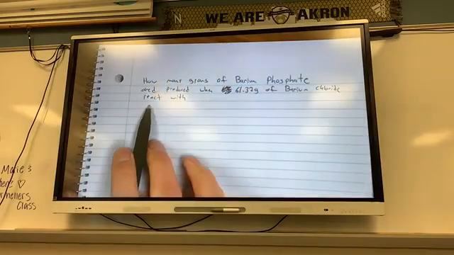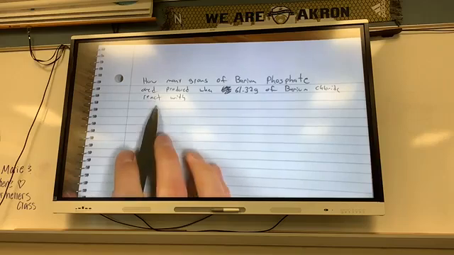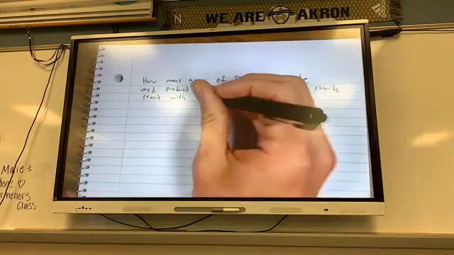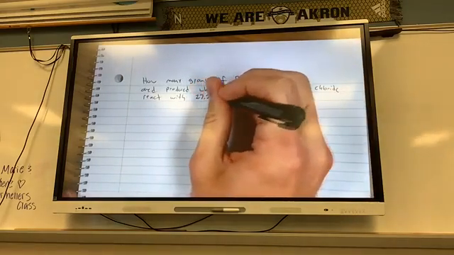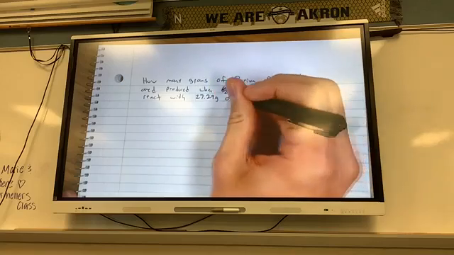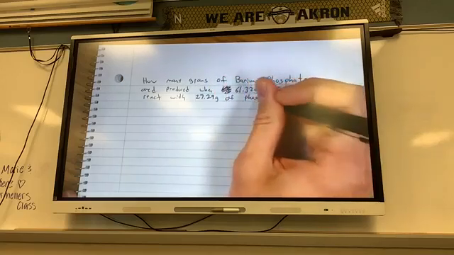Whenever you see the word react, what are you thinking of in a balanced equation usually? The react is usually the plus, right? It's your plus.